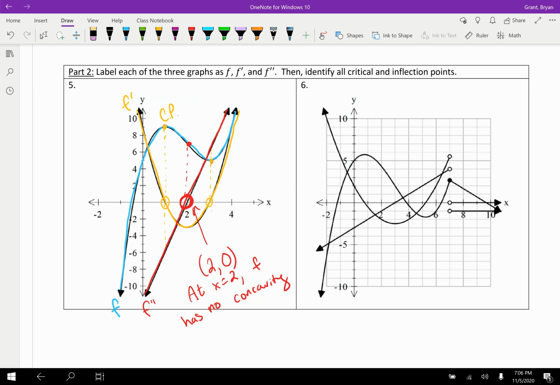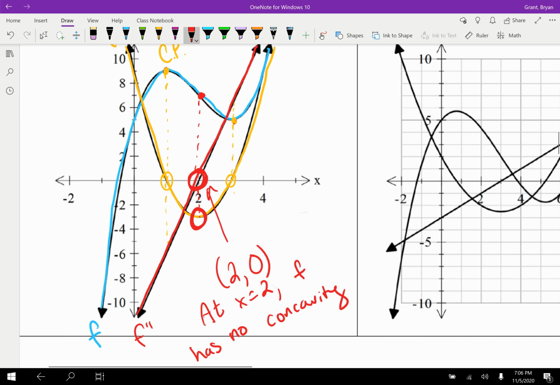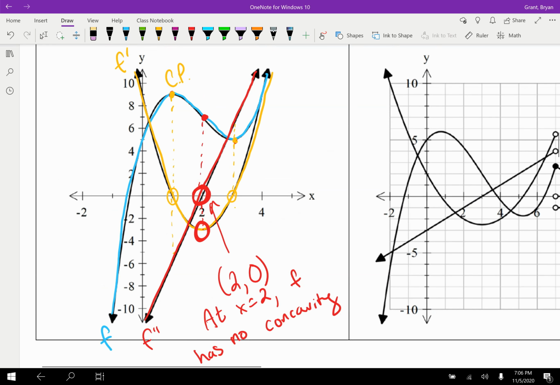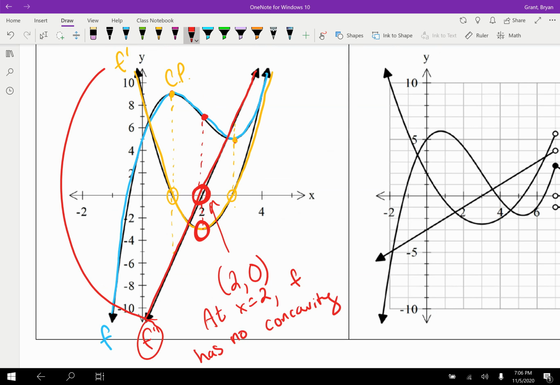But even going further, notice that if I go down to the red or the yellow graph, that is actually a critical point on f prime. And that again should not shock you too much because, don't forget, although f double prime tells us about the concavity of f, f double prime also tells us about the rate of change of f prime.